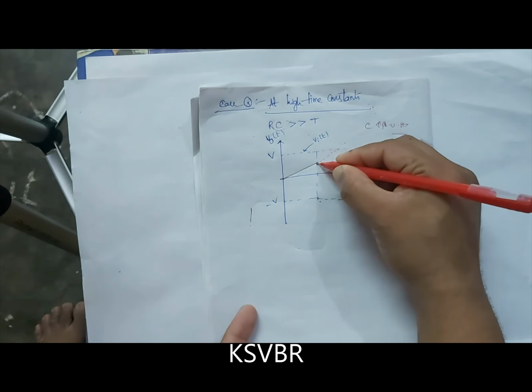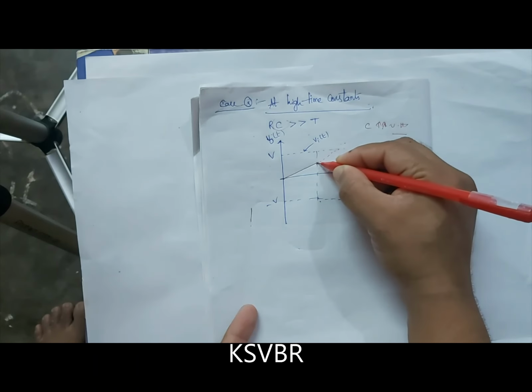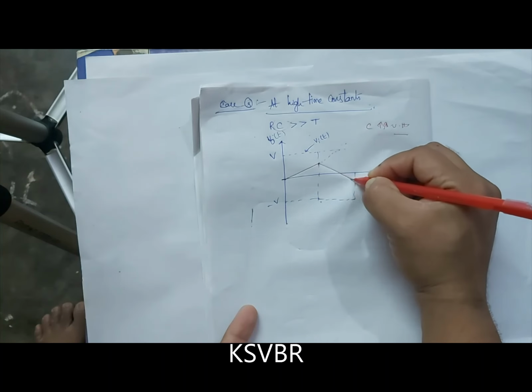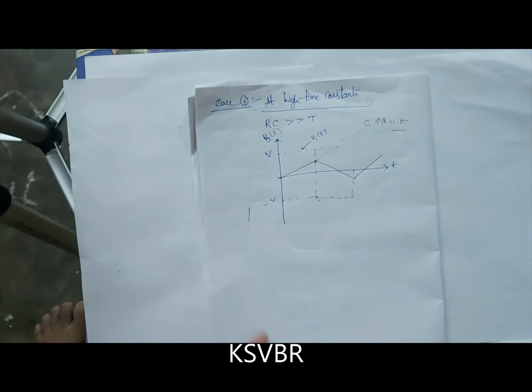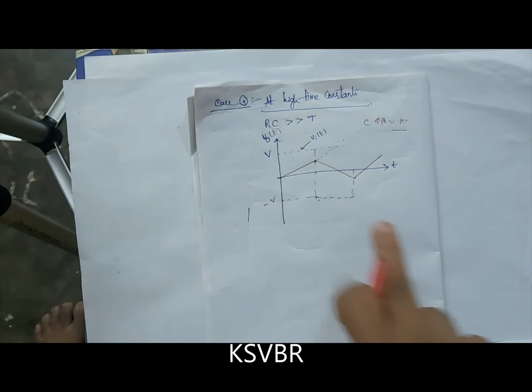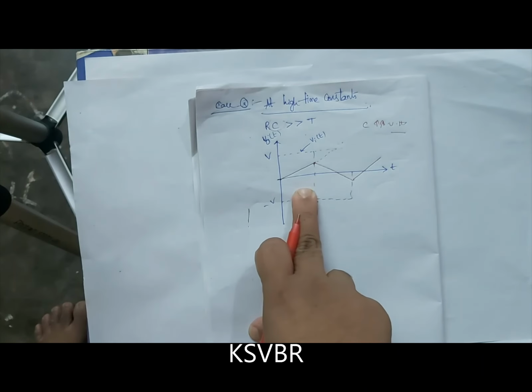It starts discharging from here. Like this it will go. Observe the shape of the signal that we have obtained here. Yes, it is exactly looking like a triangular waveform.